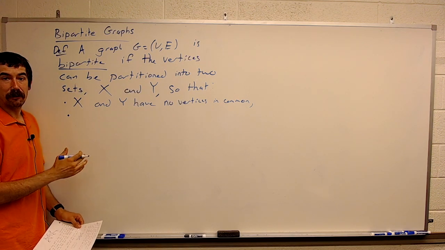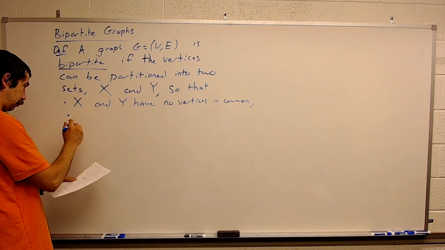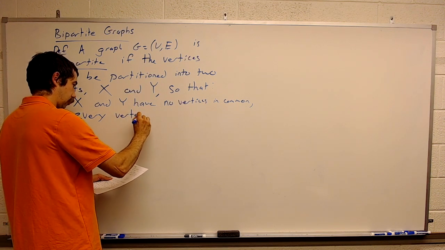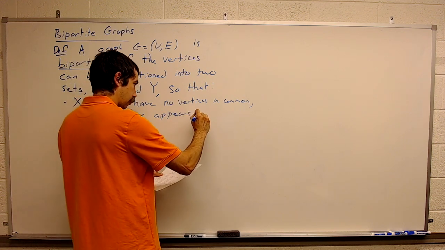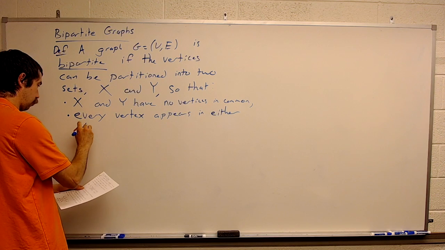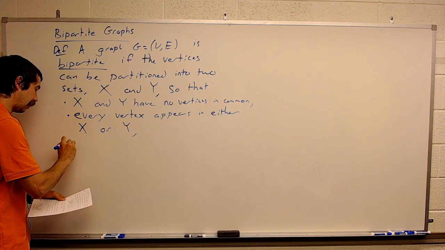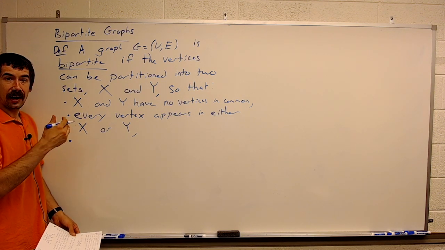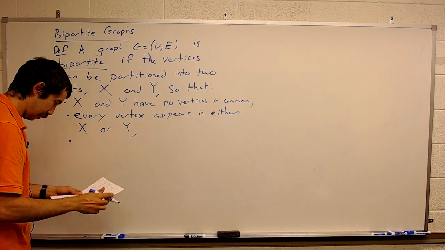Next, every vertex is either in X or in Y. And finally, every edge has one of its endpoints in X and the other one in Y.